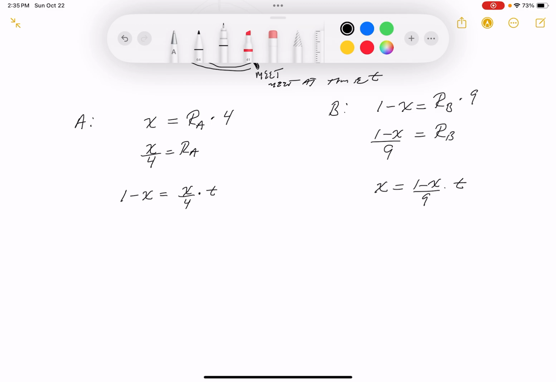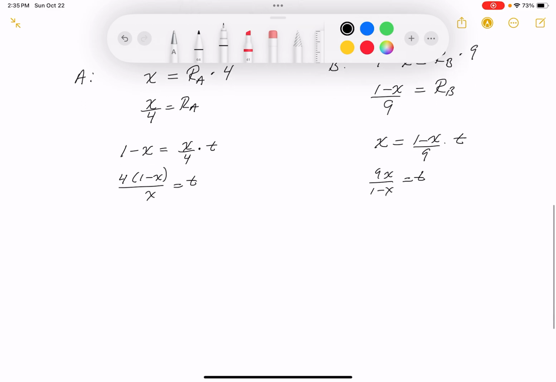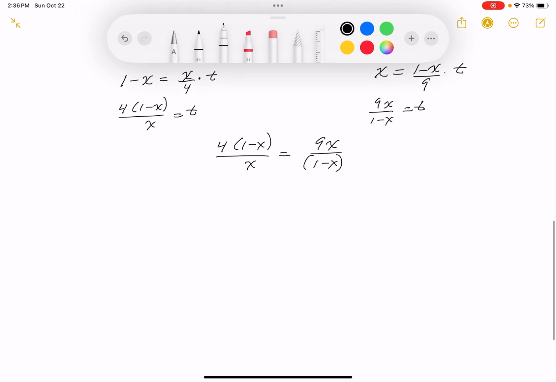So I don't want t, by the way. I want to get these equal. I'm trying to figure out x. So I'm going to say 4 times (1 minus x) over x would equal t. And over here I get 9x over (1 minus x) would equal t. And t equals t, by the way. So let's write this down. 4 times (1 minus x) over x is the same thing as 9x over (1 minus x).